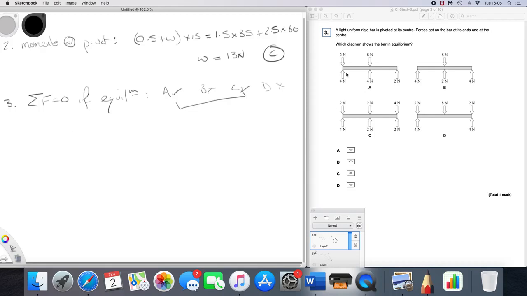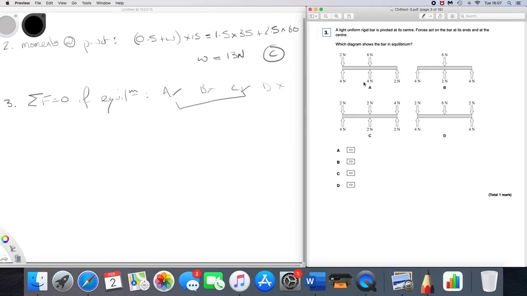And if we look here, this is going to be 2 newtons clockwise, acting at the full distance if we take moments about this end, and you're going to have 4 newtons acting at half the distance.